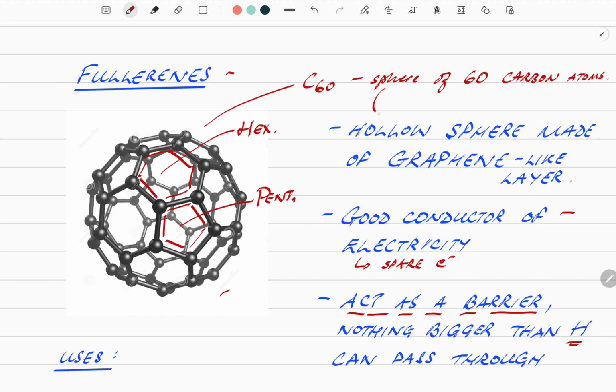There's more like C540, C720, I think there is, etc. So there are huge molecules that can be made in this way. The smallest one, the one that's actually used, or they're trying to use, is C60, Buckminsterfullerene.